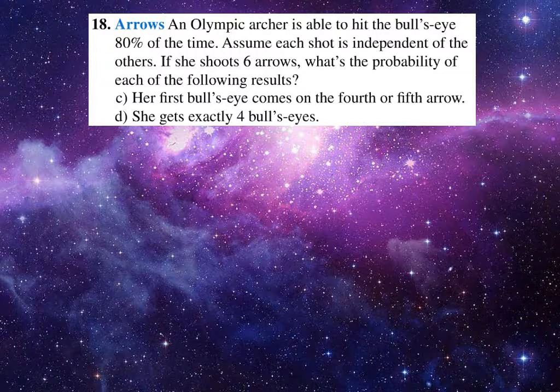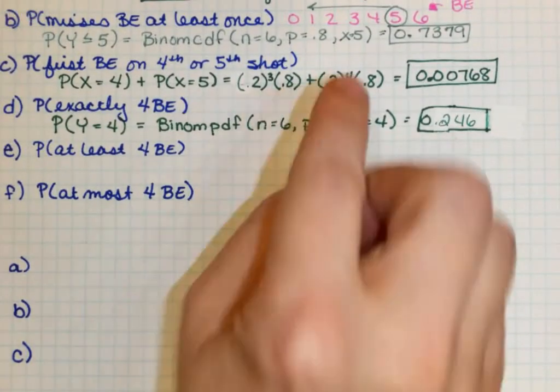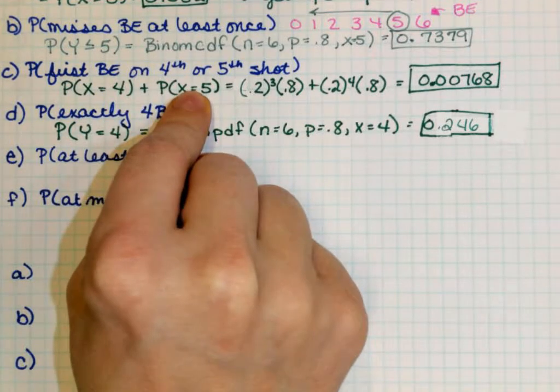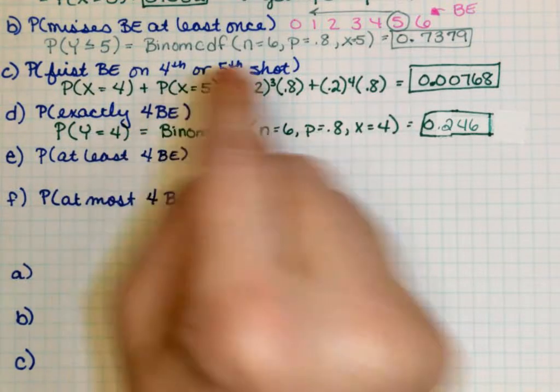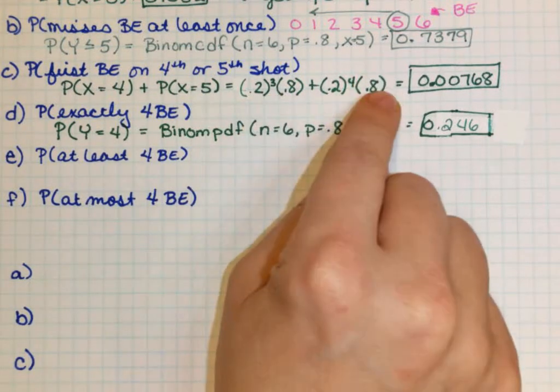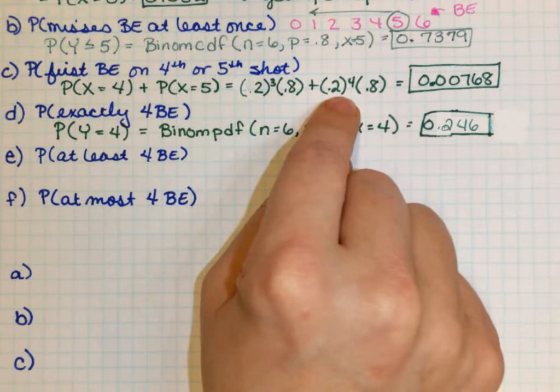So the way I write this out, it's the probability that x is 4 plus the probability that x is 5. Now, you could have used geometric PDF with 4 and geometric PDF with 5. That just took up less space, so I wrote it like that. Doesn't matter.